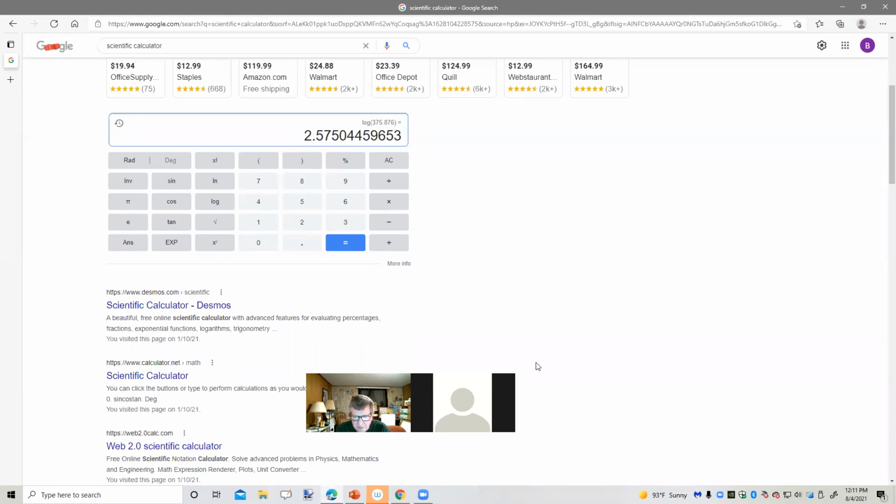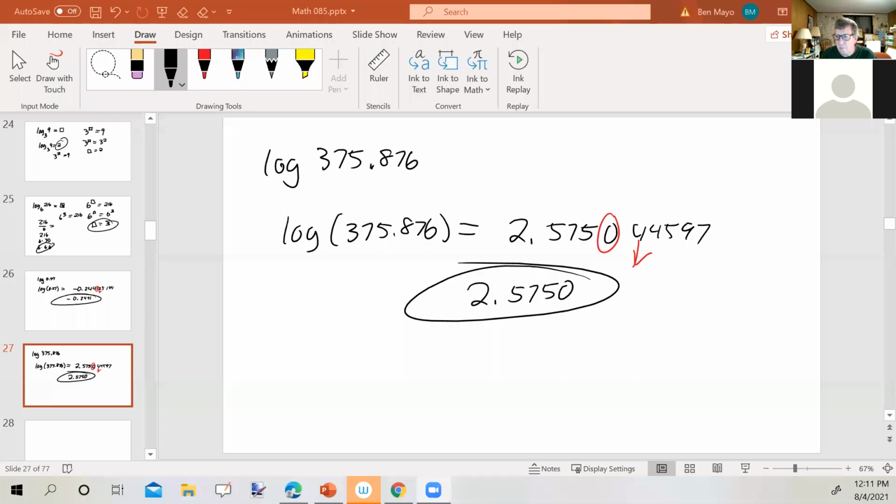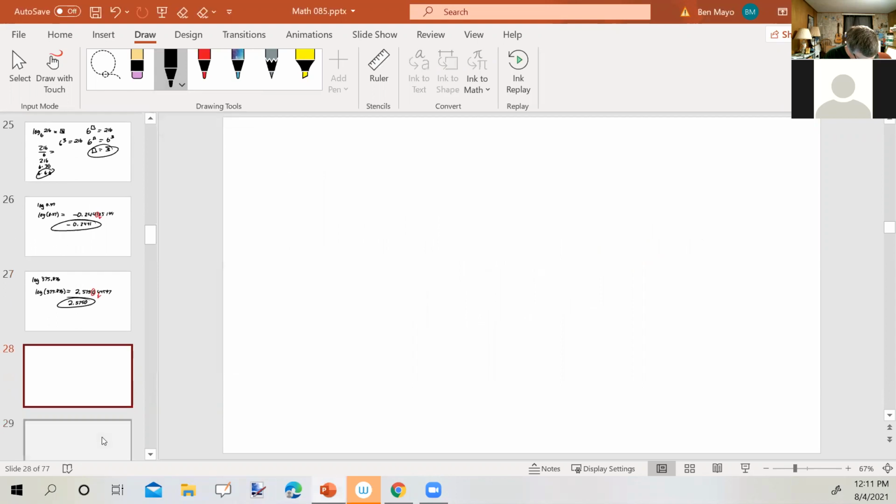All right. So let's go back to our whiteboard screen. Now, this says use a calculator to solve each equation. It says log of x equals 2.8945.